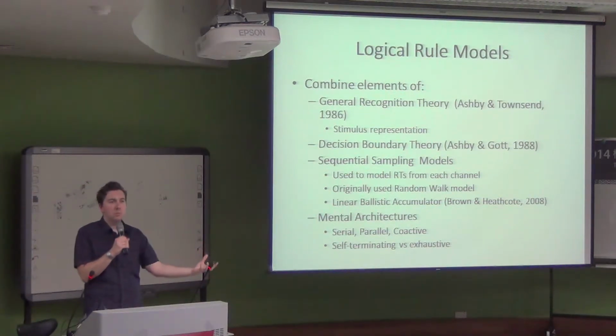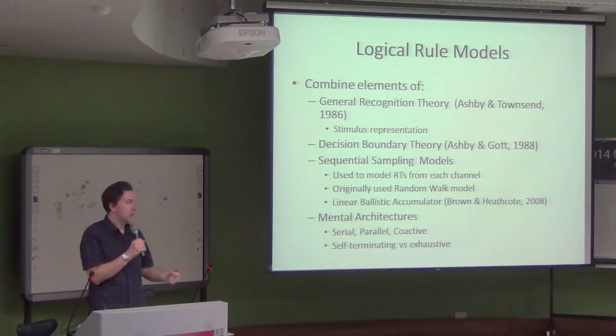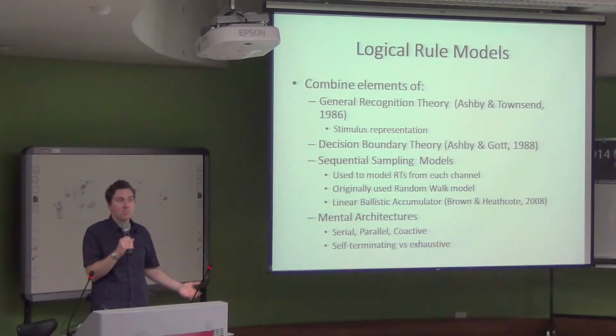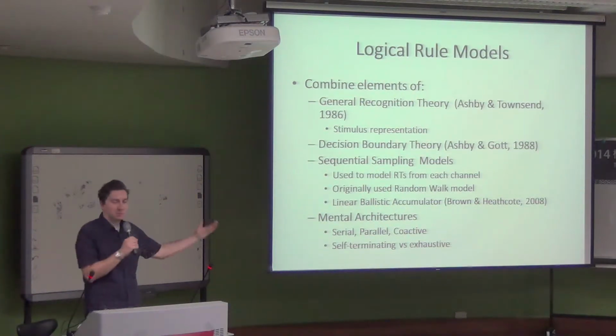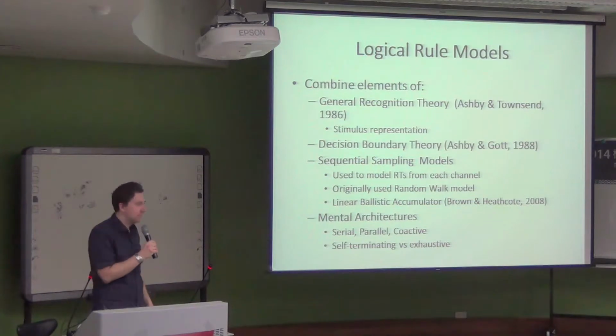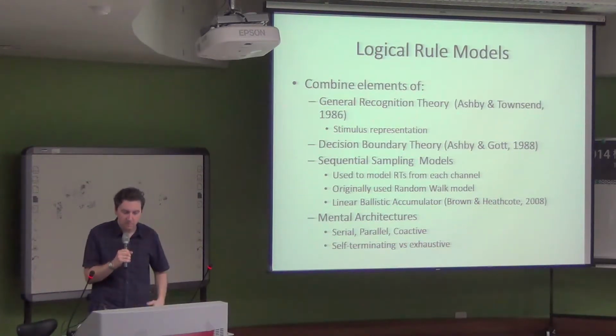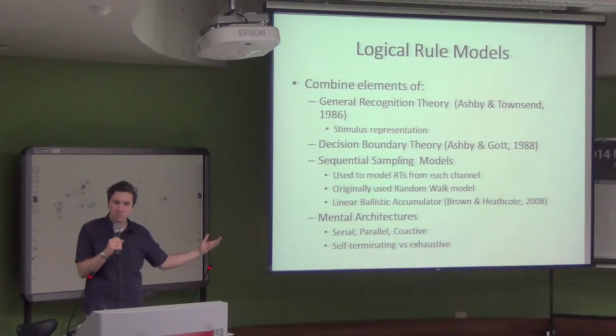If you sample some percept that falls into the category A region, your sequential sampling model will take a step towards responding category A. If you sample something from the category B region, it will take an opposite step towards category B. You can use this framework to make predictions for response times.